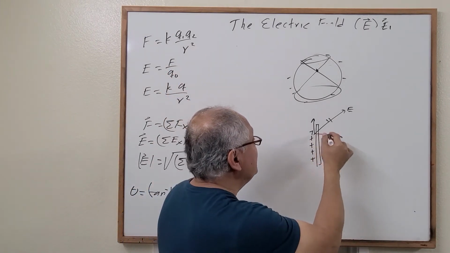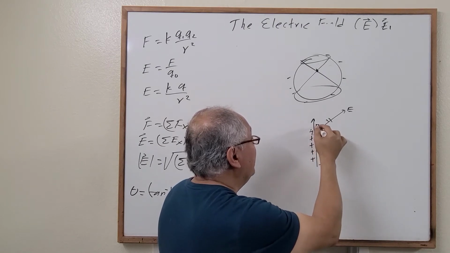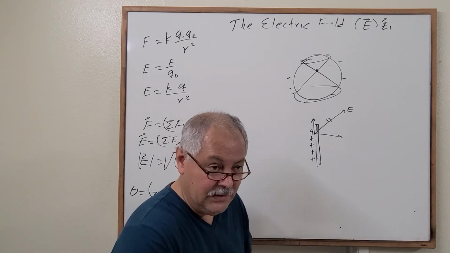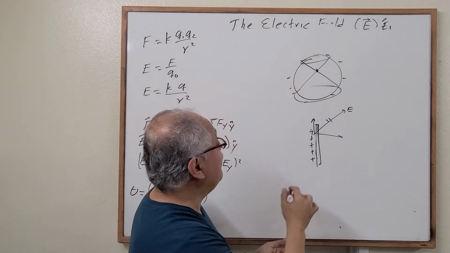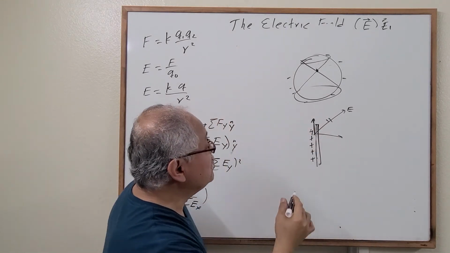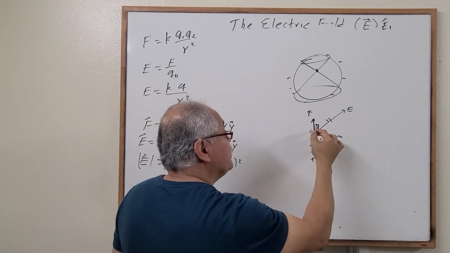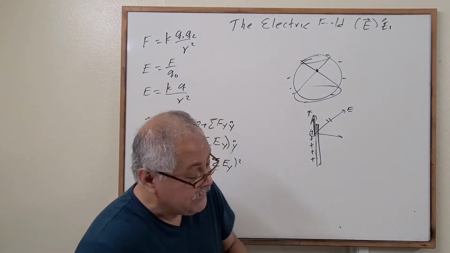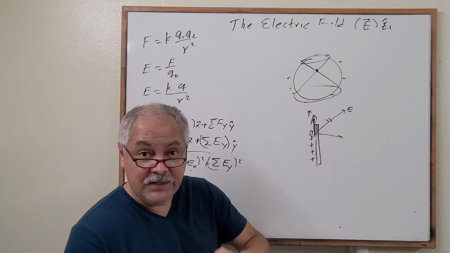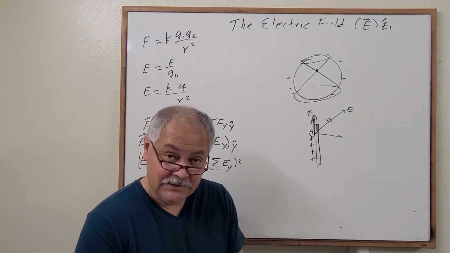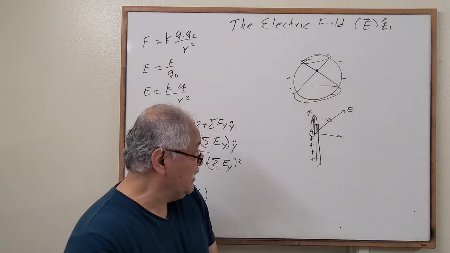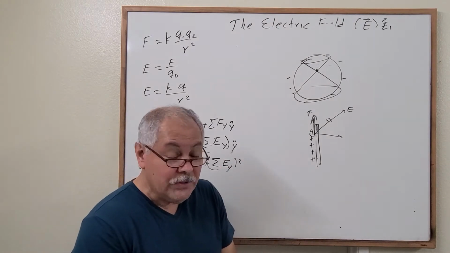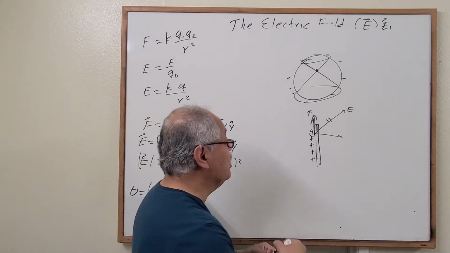This force is being stopped by this plate, let's say, by this material. But what about in this direction? Now the charges, if they feel a force in this direction, these charges move. But the condition is what? This is supposed to be at rest because we are dealing with electrostatics. Means what? In electrostatics, the forces or the electric field must be perpendicular to the surface.